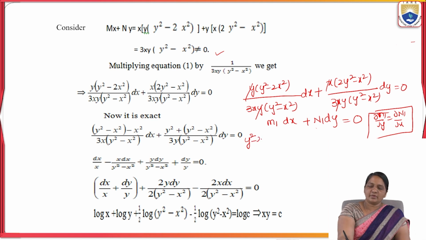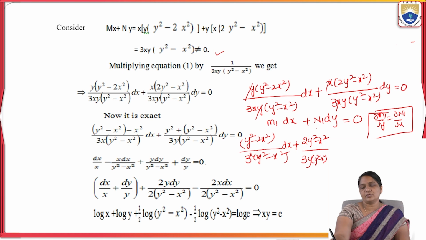Finally we got y square minus 2x square by 3 into y square minus x square, into dx plus 2y square minus x square by 3y into y square minus x square into dy equal to 0.